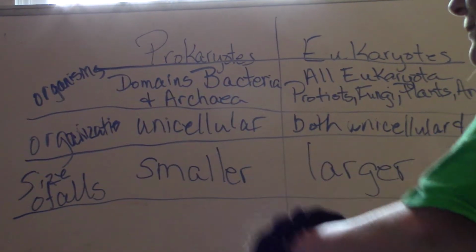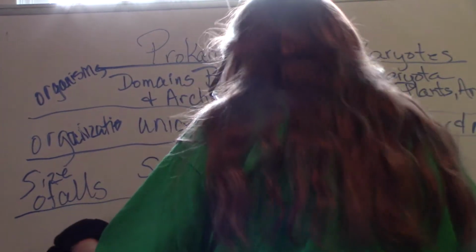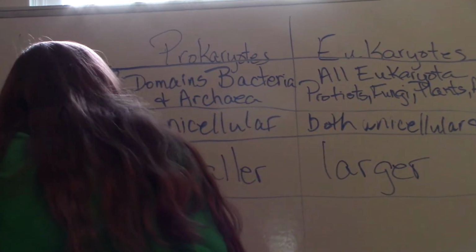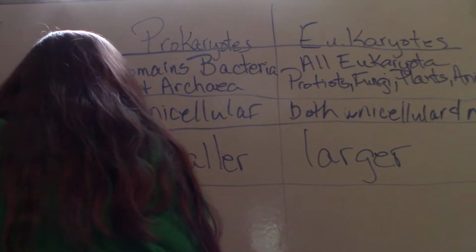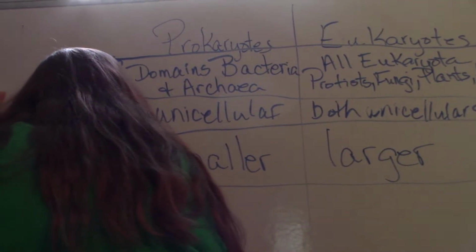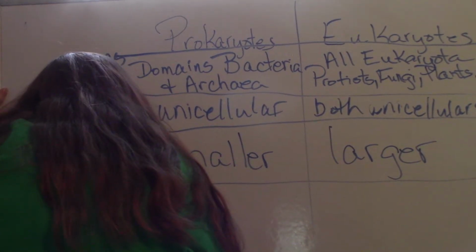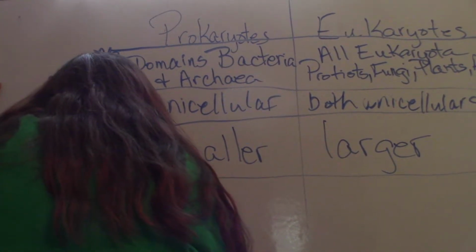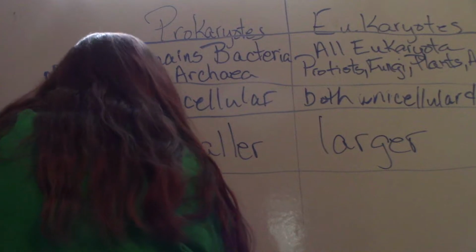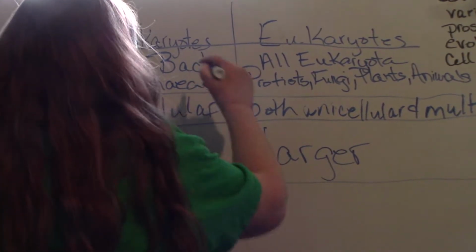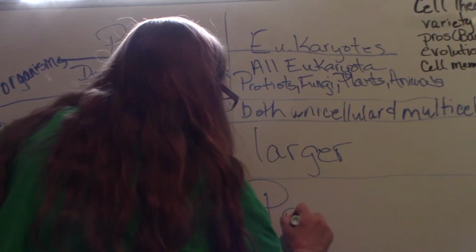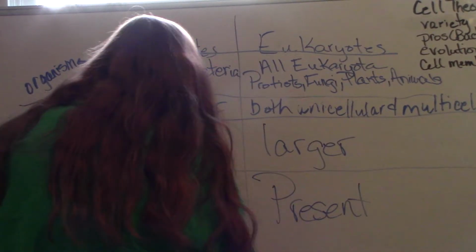So there's a difference in size. Then there is, of course, the membrane-bound organelles. They are absent in the prokaryotes and present in the eukaryotes.